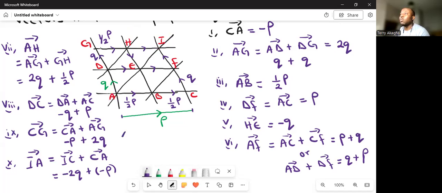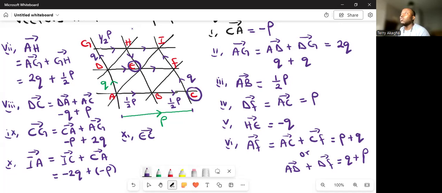So let's assume 11. Let's assume you are told to find E to C. All right, so you're moving from E and you need to stop at C. It's very easy.